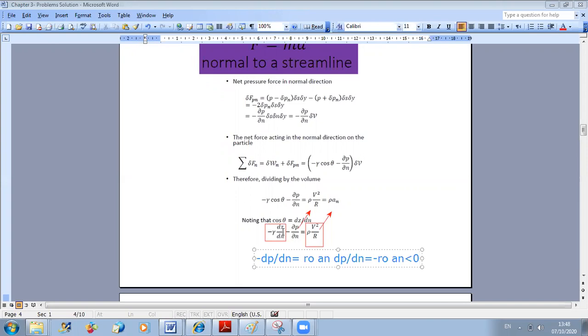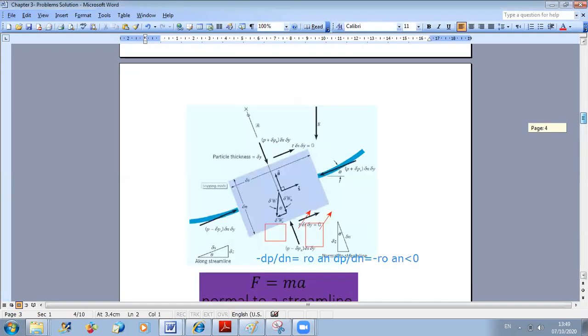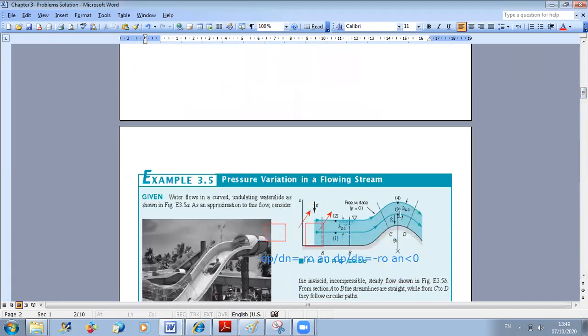Now, if I have motion in a vertical plane, I will have a combined effect: the effect of normal acceleration and the effect of hydrostatic pressure. So in this problem, when you move from point 3 to 4, what will happen? If you take the hydrostatic effect, the pressure should decrease, because going from 3 to 4 you are going up towards the free surface.